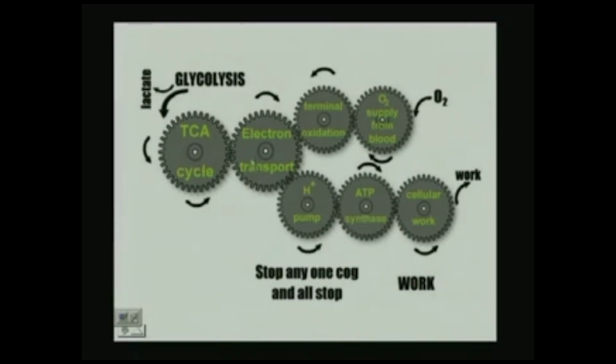That has electron transport, which we just looked at, with a proton pump. The proton pump then uses ATP synthase to produce ATP, that is cellular work. The oxygen comes in from the blood and is utilized in the electron transport system, where we have the reduction of oxygen to water.